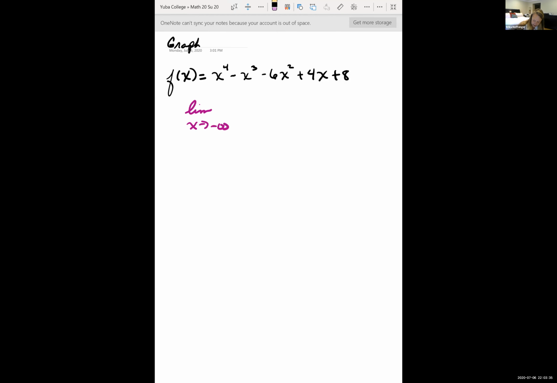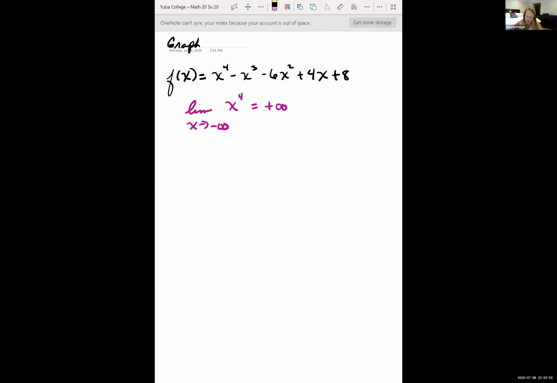If you plug in a negative number, raise it to the fourth power, it's positive times this positive coefficient of 1 in front. And so this is going to positive infinity.